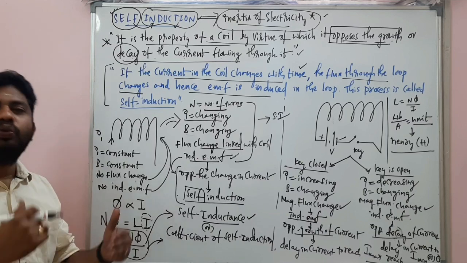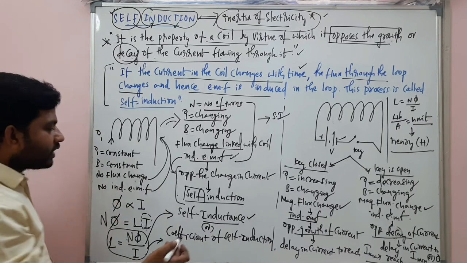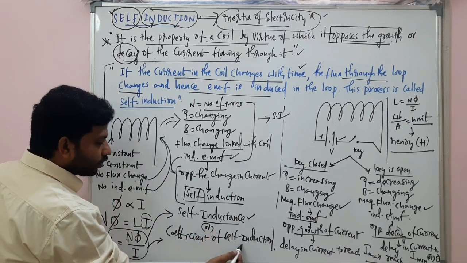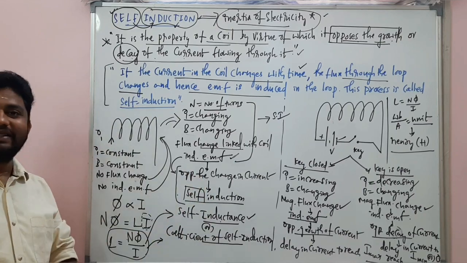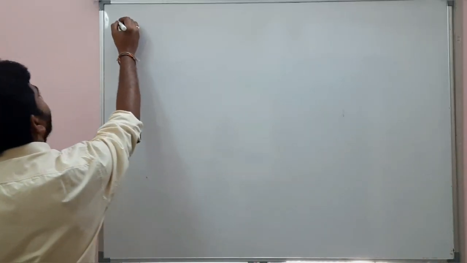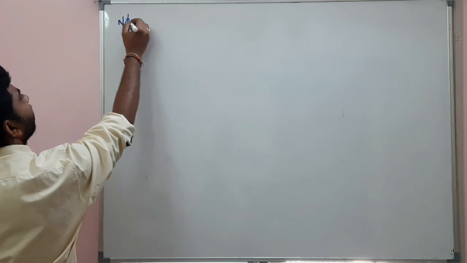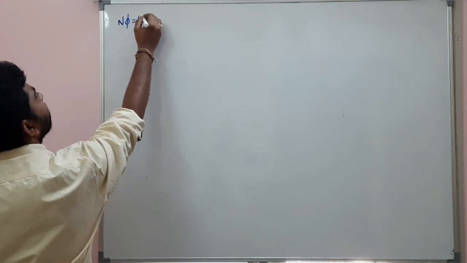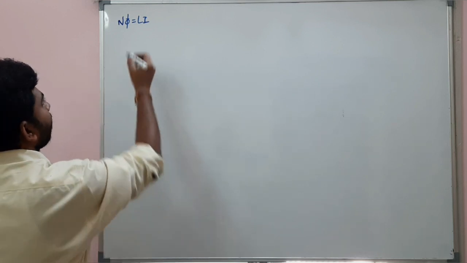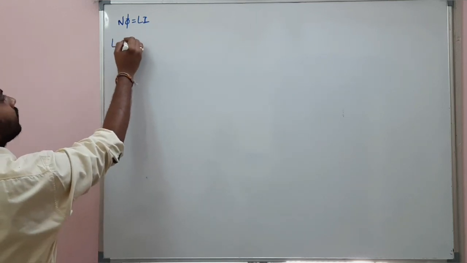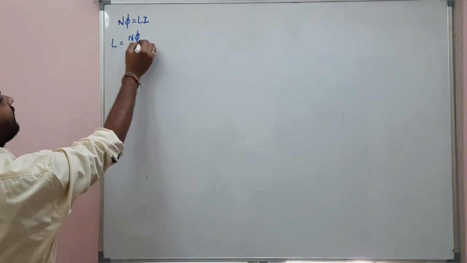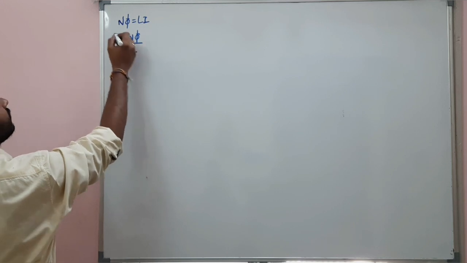Let's discuss more about self-inductance. What we have discussed is N into phi is equal to L into I. From here, L is equal to N phi by I. So remember this.